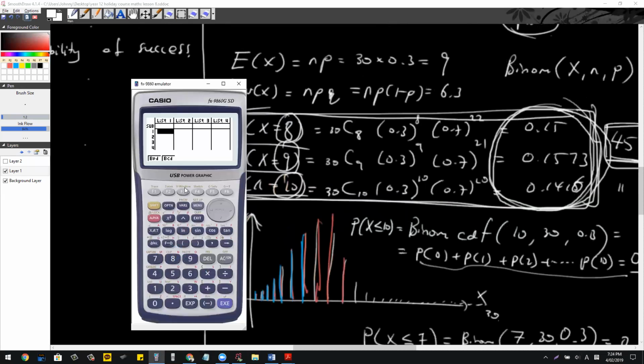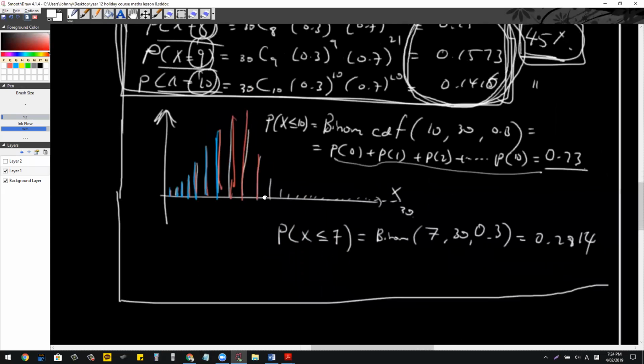But because normal distribution is continuous, this NPD is still there, but don't worry about this for now. If you want to know, just let me know. You only have to do the normal NCD.